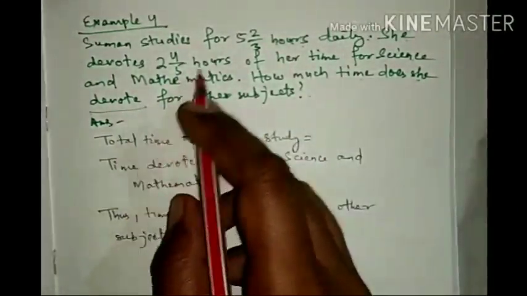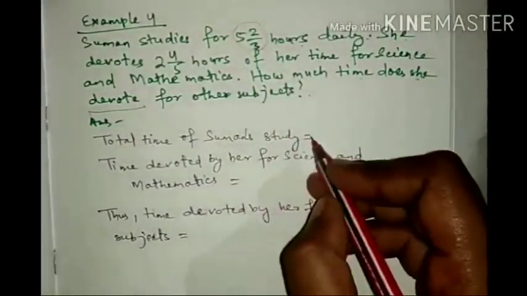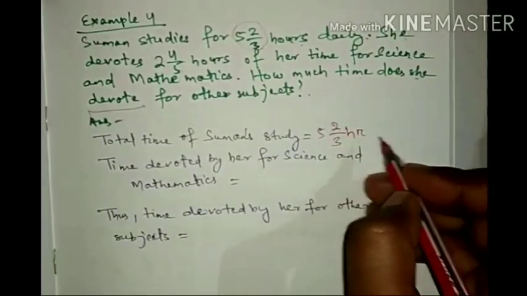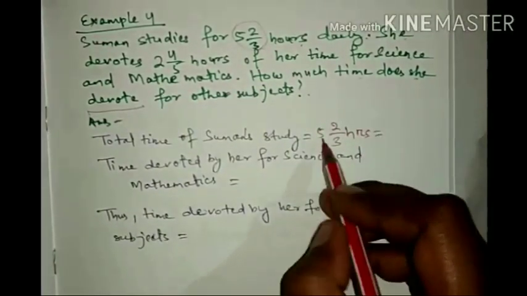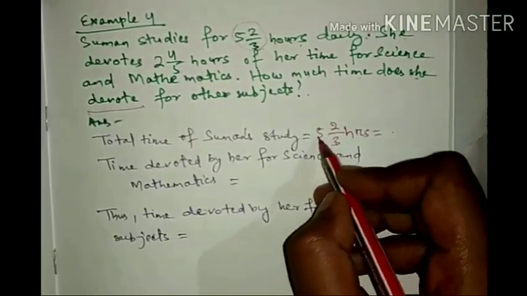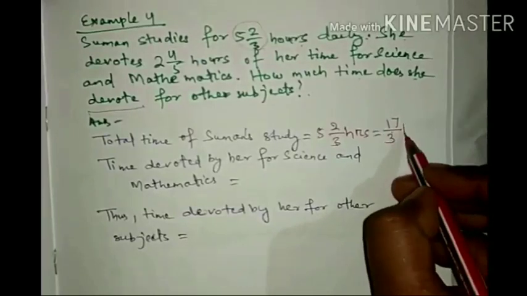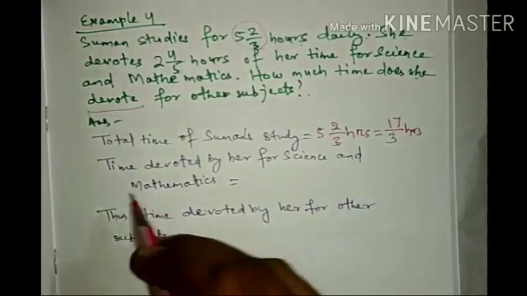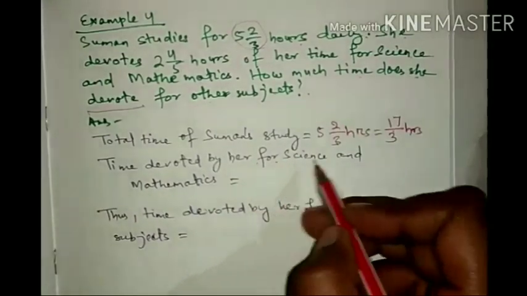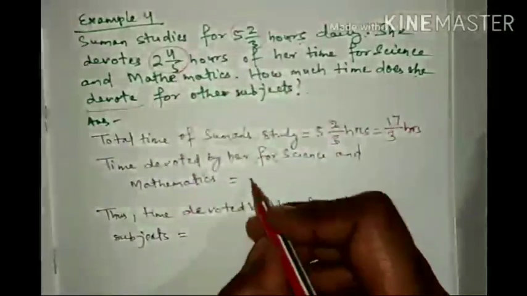The total time of Suman's studies is 5 2/3 hours. We can write it as an improper fraction. 5 threes are 15 plus 2 is 17, so 17/3 hours. Then time devoted by her for science and mathematics is 2 4/5 hours.